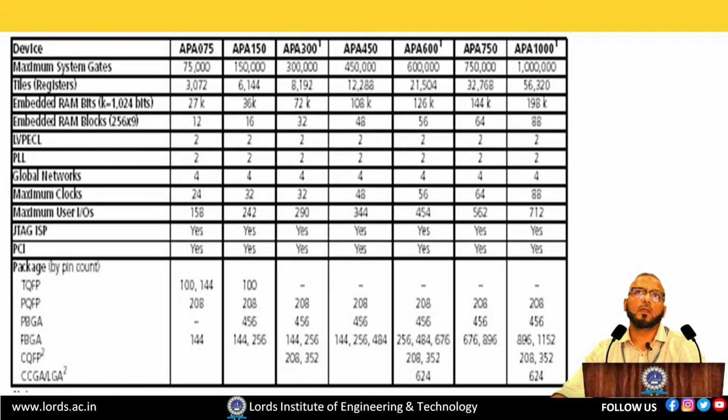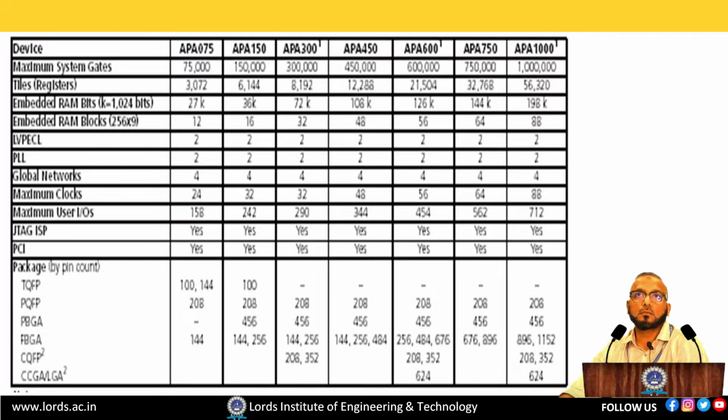APA450 has more than around 450,000 gates and almost 13,000 gate registers, and embedded RAM is more than 106 kilobytes.